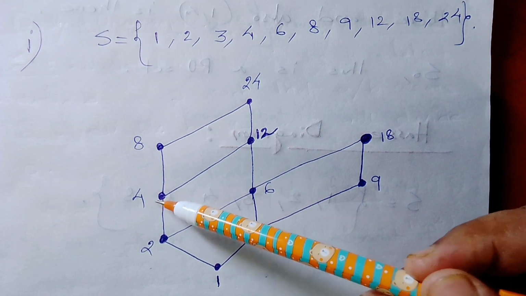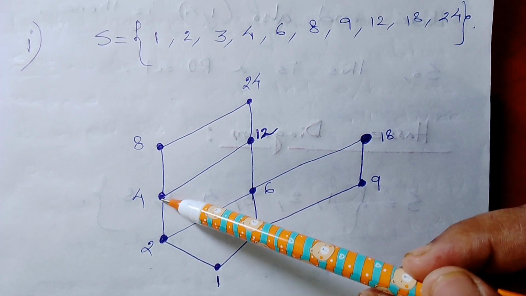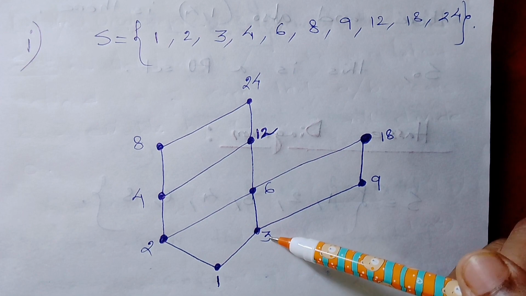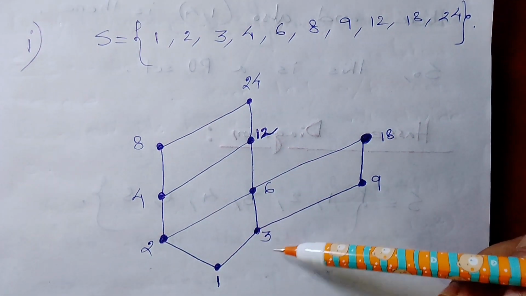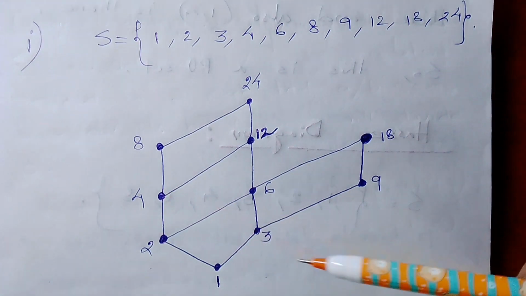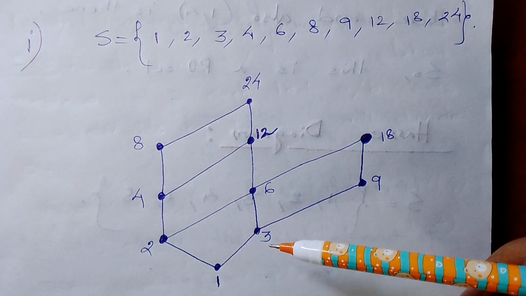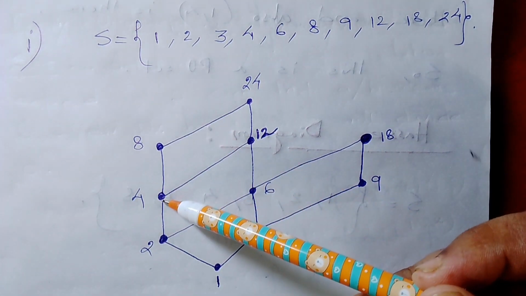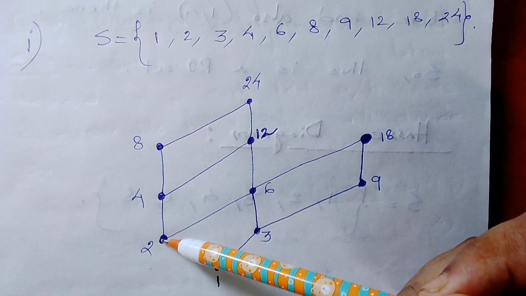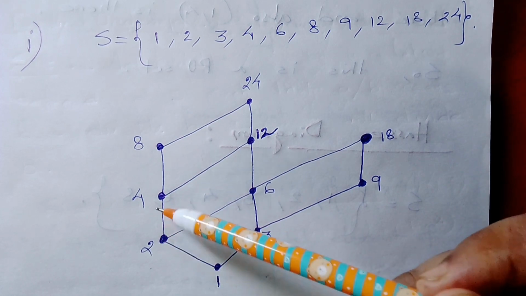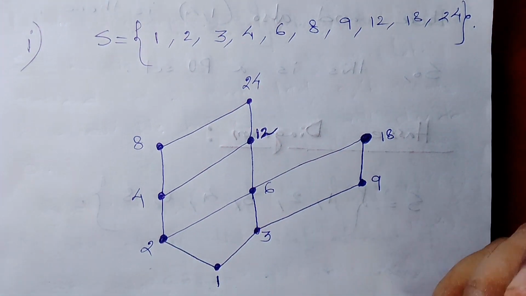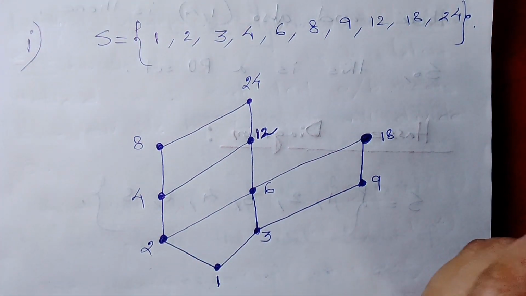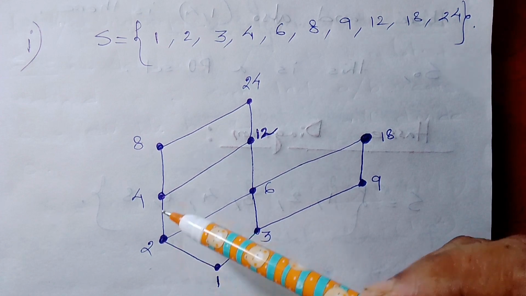Then we will check another vertex, that is 3. So 3 cannot divide 4, so we will not join them. Since 2 already divides 4, we will not go farther on the bottom side.